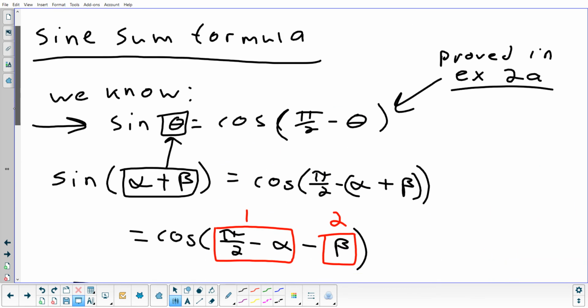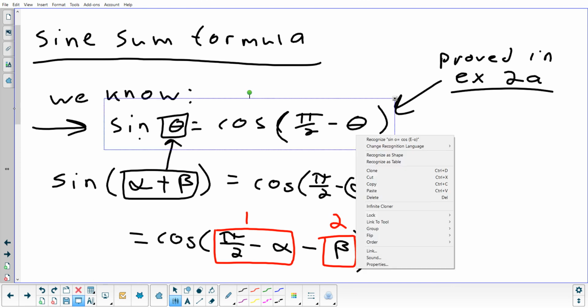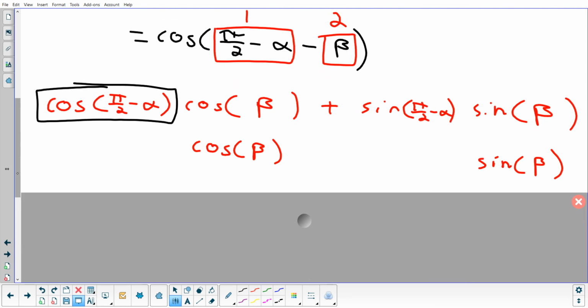What does the cosine of pi over 2 minus an angle equal? Yep, sine theta, sine of your angle. Anytime you write cosine of pi over 2 minus an angle, it just turns into the sine of your angle. So in this case, sine alpha.